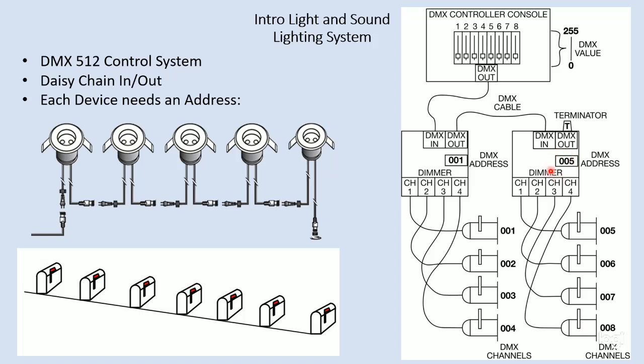If this start address were set to 1, both of these lights would come on when we brought up our first fader. And what we want to have is individual control. You can think of the DMX as sort of like the way your mailboxes work. The mailman comes by and drops off information in the first device for the 4 people that live there, or the 4 dimmers that live there. 1, 2, 3, and 4.